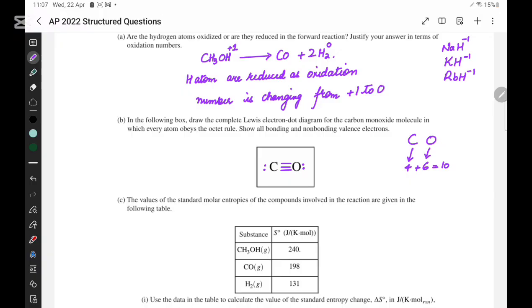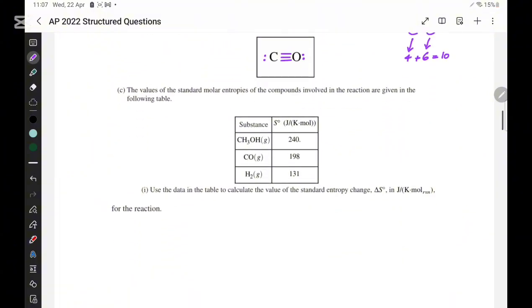For the next question, they are saying the values of standard molar entropies of the compounds involved in the reaction are given in the following table. Use the data in the table to calculate the value of standard entropy change. So entropy change here is going to be summation of entropy of products minus summation of entropy of reactants.